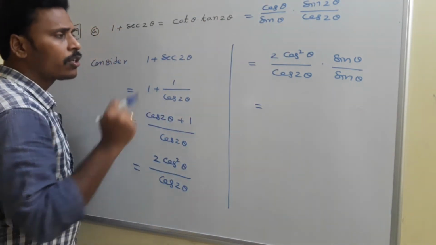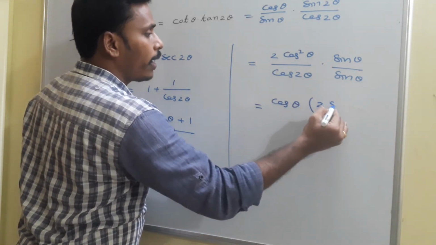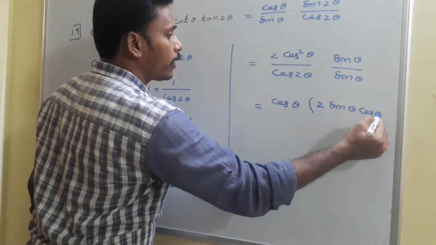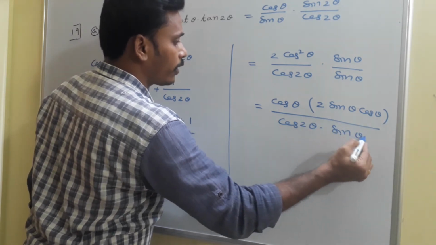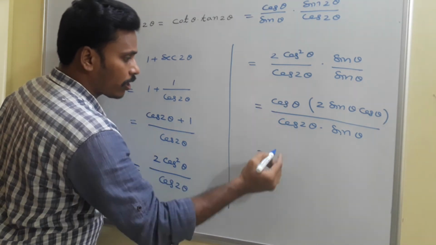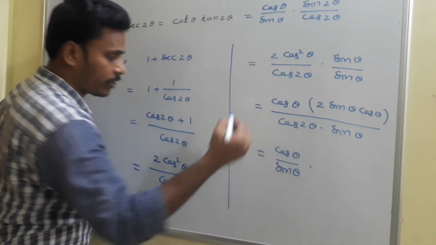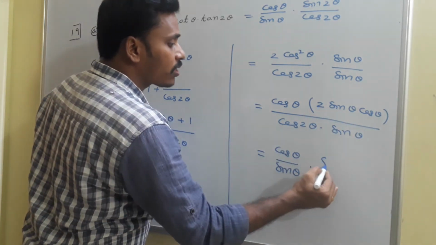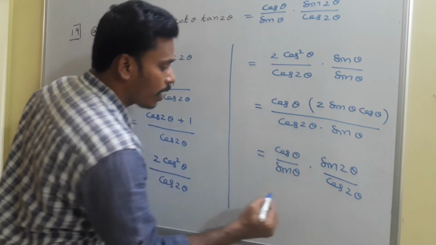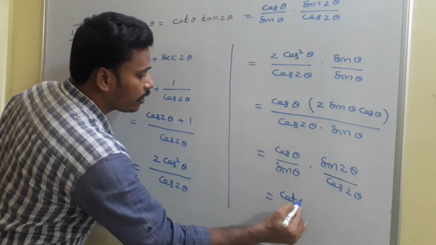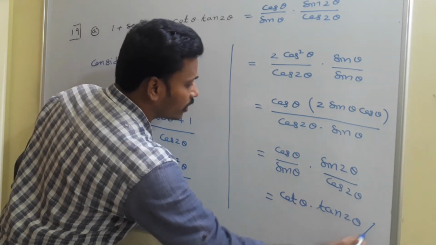Here there are 2 cos, so separate 1 cos: cos theta into the remaining part, 2 sin theta cos theta, divided by cos 2 theta into sin theta. In the next step, this is cos theta by sin theta, multiplied by 2 sin theta cos theta, which is the formula for sin 2 theta, divided by cos 2 theta. Now this cos theta by sin theta is cot theta, and this sin 2 theta by cos 2 theta is tan 2 theta.